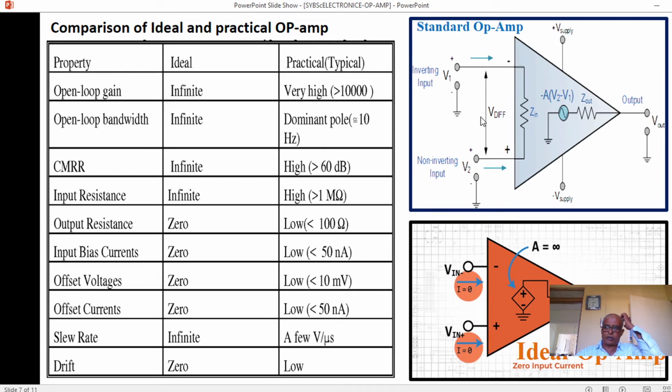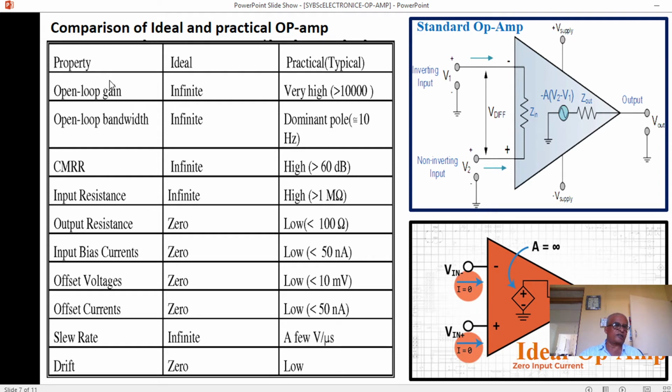Here the figure shows the standard op-amp, and we can compare it with the ideal op-amp. As we have seen in the chart, the input resistance is infinite, so here we haven't shown any resistance between the inverting and non-inverting terminals of the ideal op-amp, while this input resistance is shown in the practical op-amp.